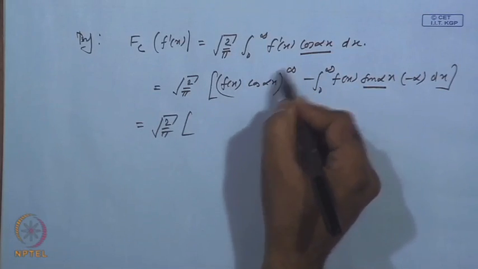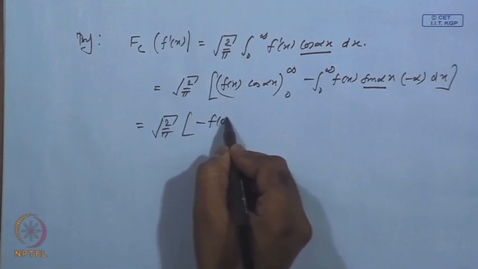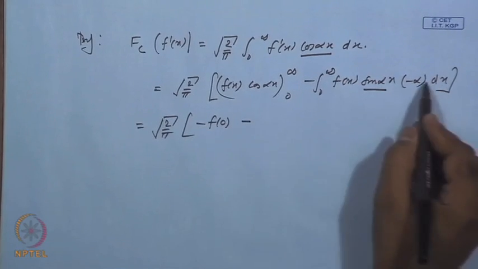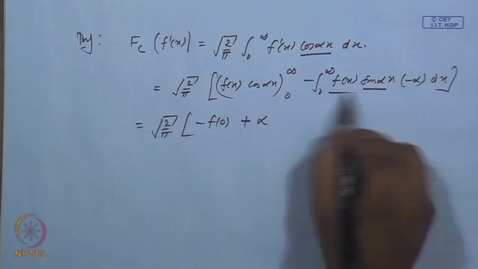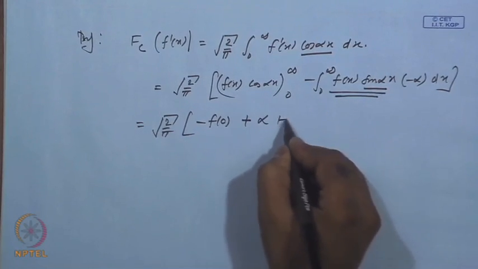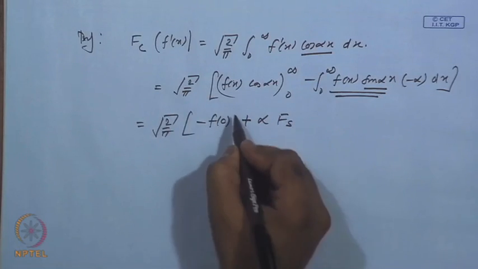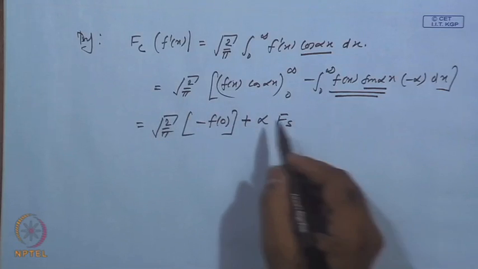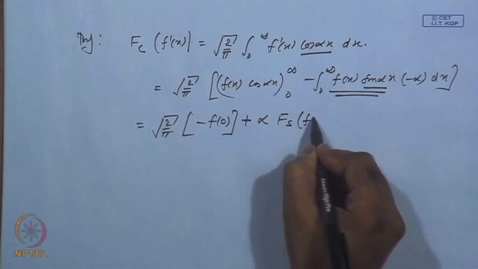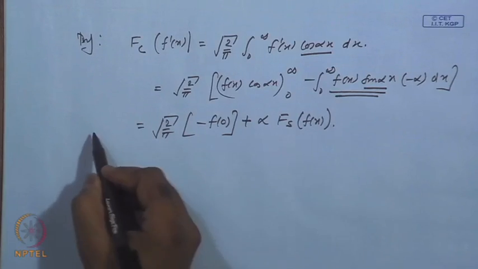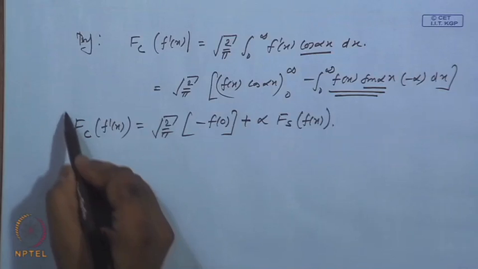As x approaches infinity, f goes to 0, so we have minus f(0), and minus minus gives plus alpha times the Fourier sine transform of f(x), with the factor square root 2 over pi. So this was the Fourier cosine transform of f'(x).